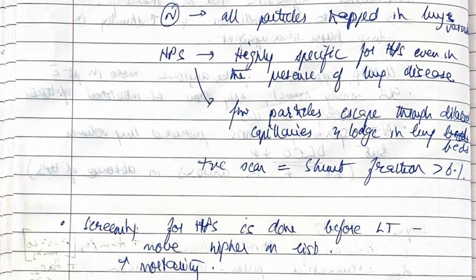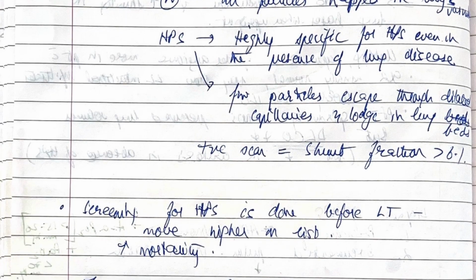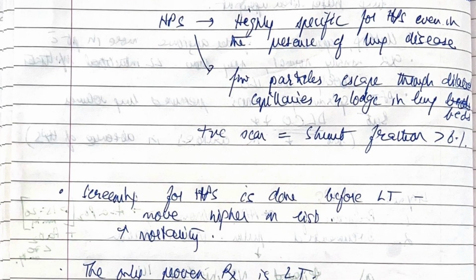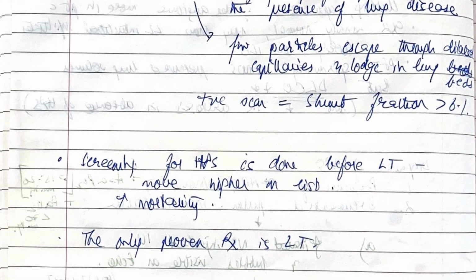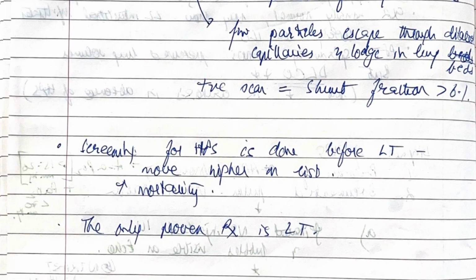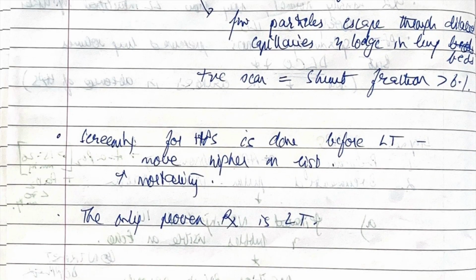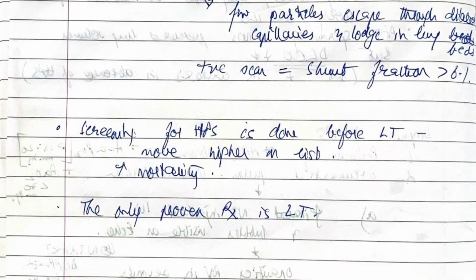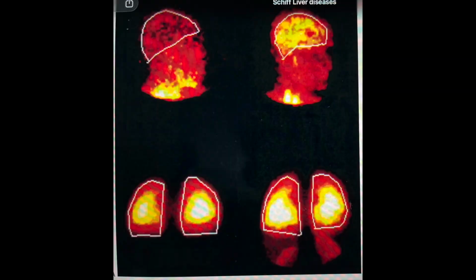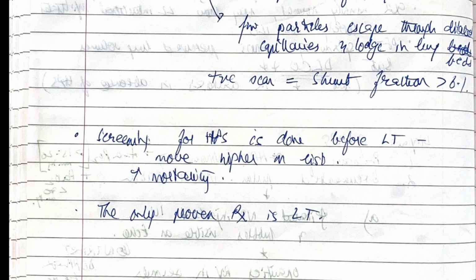But in HPS, and this is a very specific test for HPS, which can be diagnosed even in the presence of lung disease, few particles escape through dilated capillaries and lodge in other beds, and therefore they get taken up and seen everywhere, like the cerebrum and all. So a positive scan is when the shunt fraction is more than 6%.